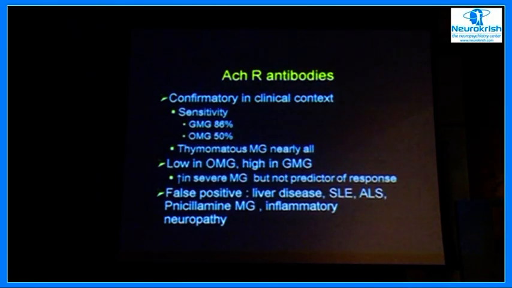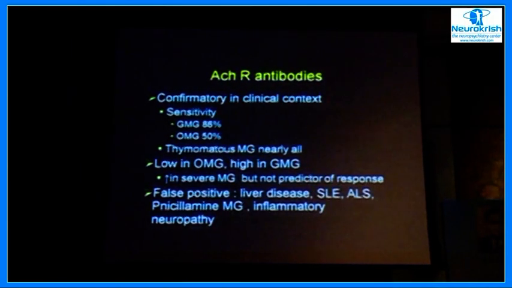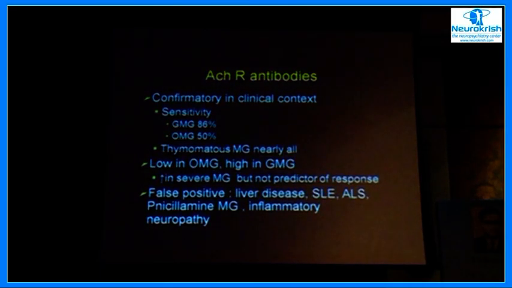ptosis. Acetylcholine receptor antibodies are confirmatory in the clinical context, and in ocular myasthenia they are positive in half the cases, in generalized myasthenia in around 80 to 90% of cases, and in thymomatous myasthenia they are positive in nearly all the cases.